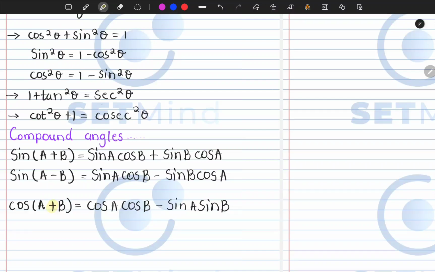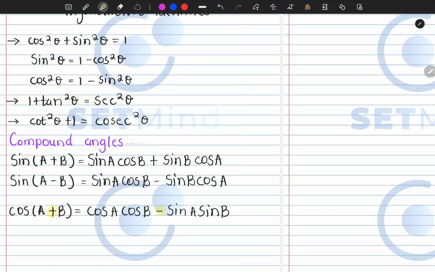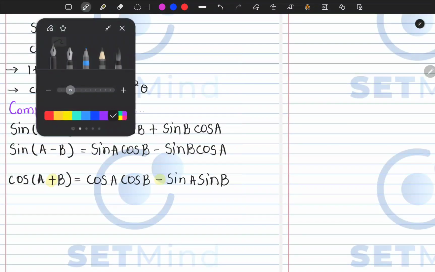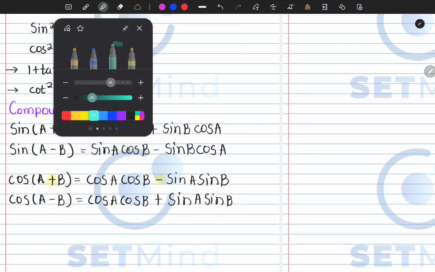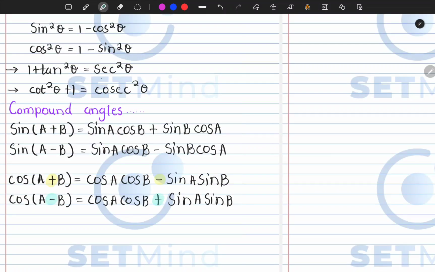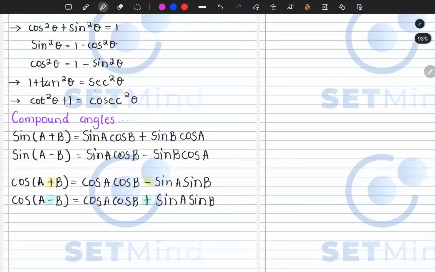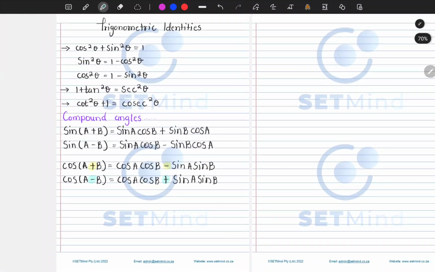When it's a plus inside, it becomes a minus outside. Let's look at when we have a minus inside now. If you have A minus B, this will be cos of A cos of B. I'm sure you could guess it, it will be a plus: sine of A multiplied by sine of B. It's very important that you take note of those signs because they do change.